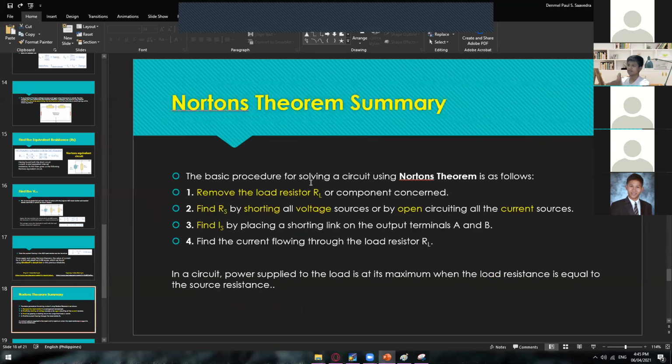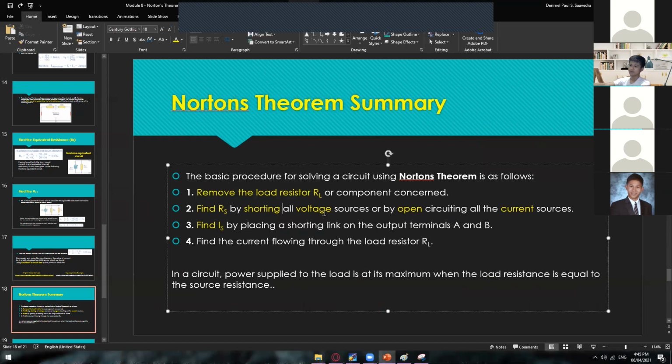Again, as a summary, just remove the load resistor, and then you can find the RN. Either of those two, the RN or IN, it doesn't matter. You can solve any of those two without even solving the other one.